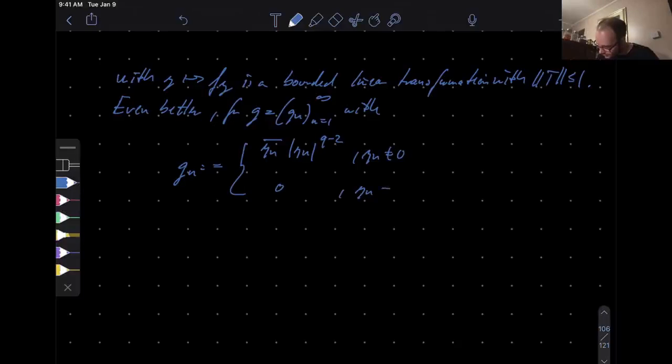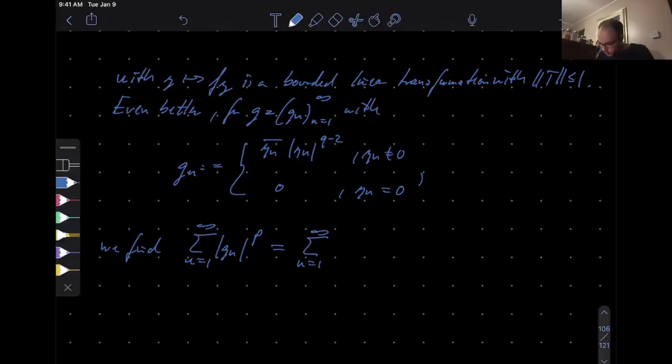You might be dividing by 0, but the easy way out is, well, just take the thing equal to 0 if the y_n is 0. Then what do we find? The p norm of g is finite. Why is this? Well, if the y_n is equal to 0, then the g_n will be equal to 0, so you're not going to gain or lose any information there, so you can only focus on the non-zero guys.